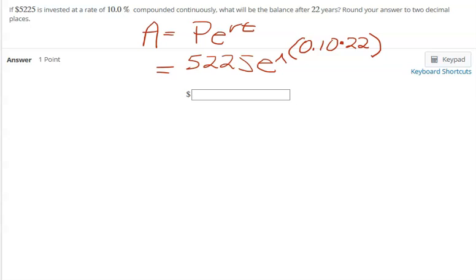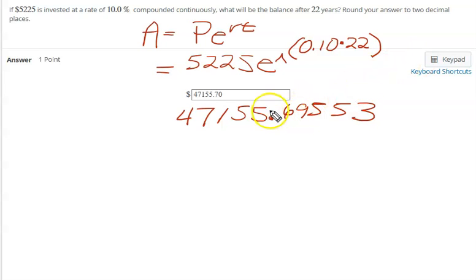And let's see what you get. So carefully putting that into your calculator, I get this. I go to the third place again. It's a 5. So I'm going to drop all this and add 1 to the 69 to make it a 70.